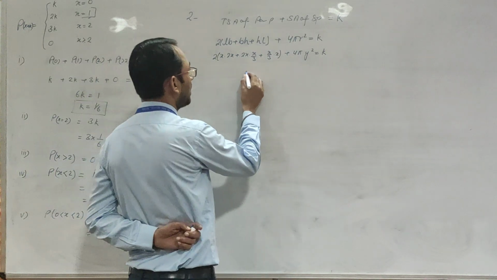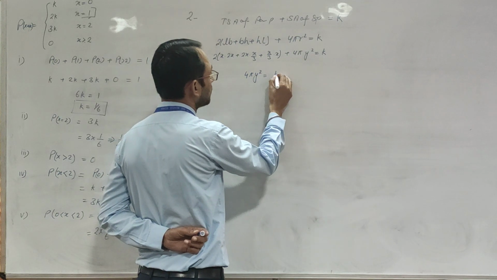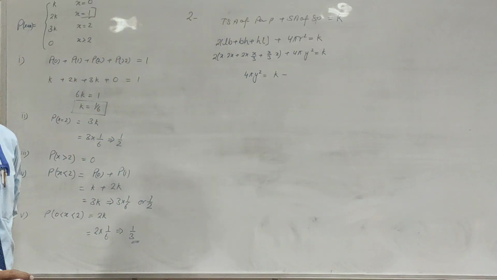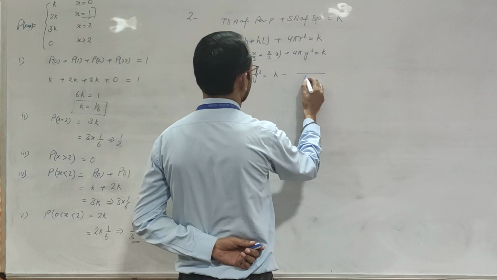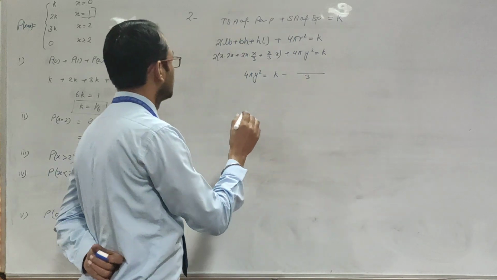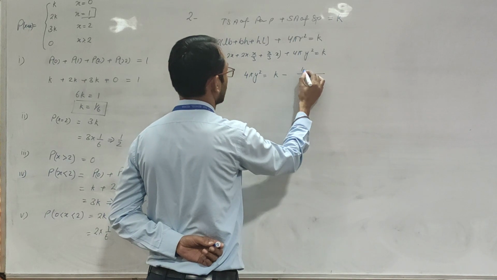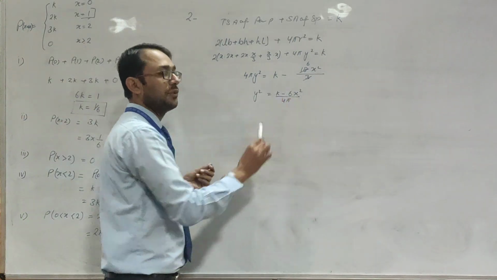So for the value of y, first of all I am writing 4 pi y square is equal to k minus, how much is it coming? So we have got y in terms of x.